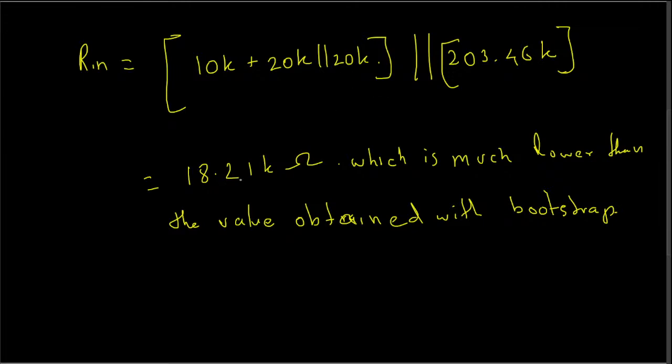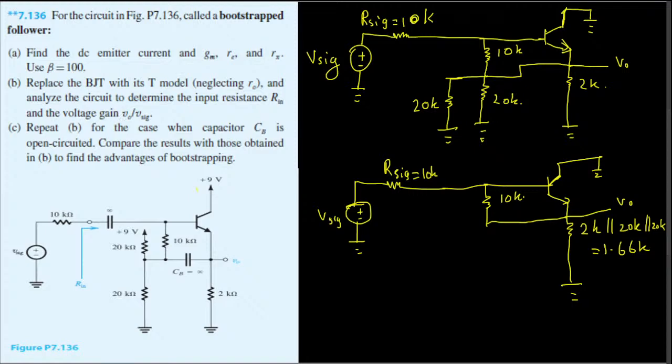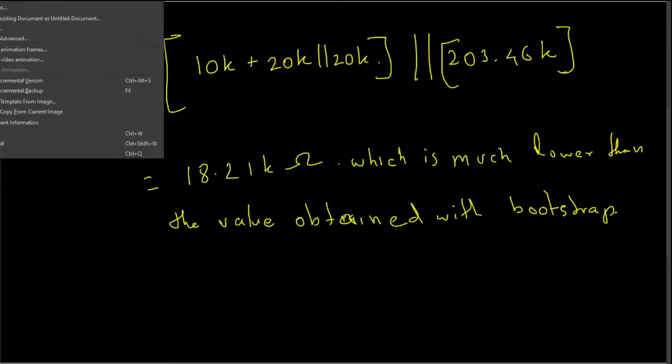Okay, so this is one of the questions, we have to find R_in. The next one is we have to find out what is Vo over Vsig. So let's do that one here. We can also say Vo over Vsig is equal to V output over, if you watch my previous one, Vb over Vsig times Vo over Vb.